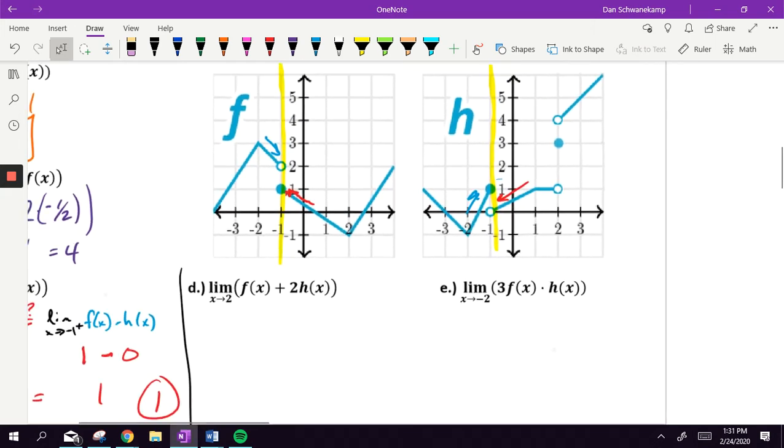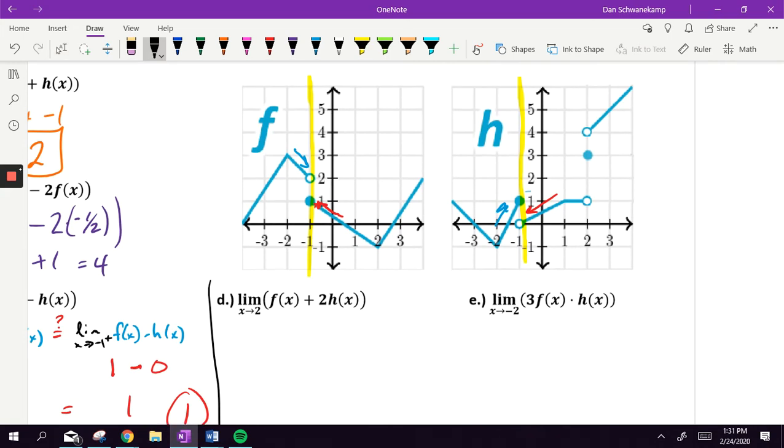Let's look at it. If I'm finding the limit as x approaches 2, if I just tried to find f at 2, that would be negative 1 plus 2. Oh, that's D and E. Since we got D and E, we can examine that from the left and the right-hand side. If you would like to, you could write this out: 2 from the left, 2 from the right.